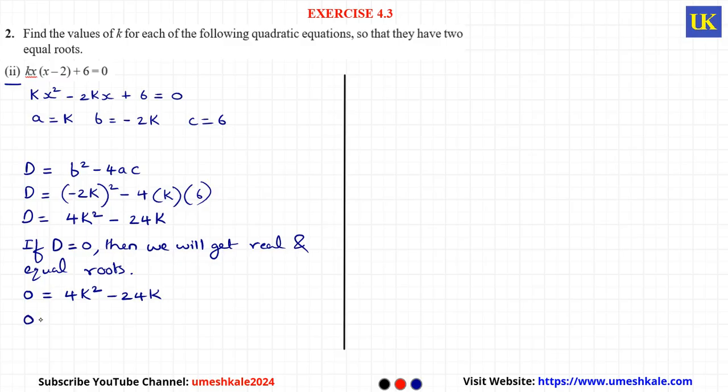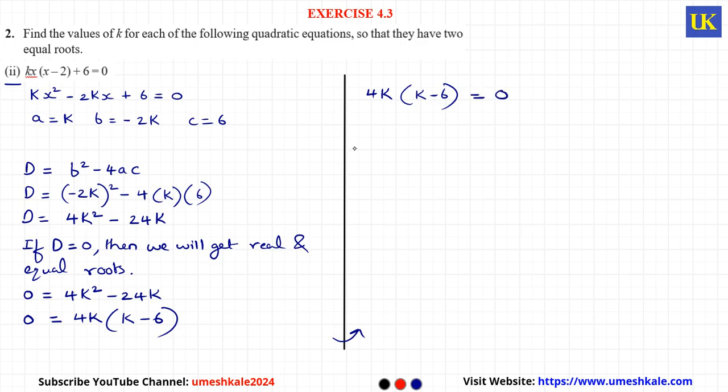So 0 is equal to 4k, and here in the bracket what we have is 1k from here, and minus, 6 fours are 24, so we can write here 6, and k one time is already outside. So we can write this like this also: 4k, k minus 6 is equal to 0.